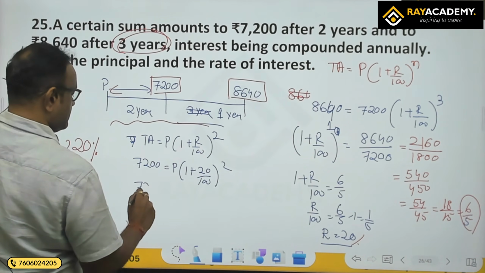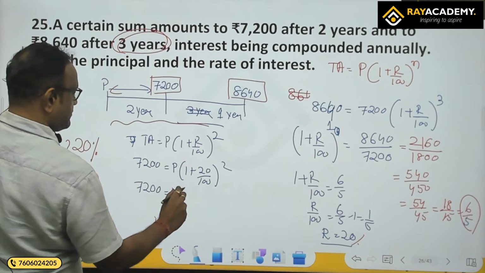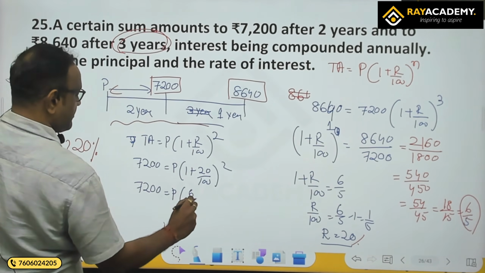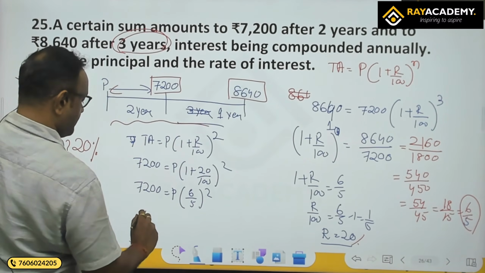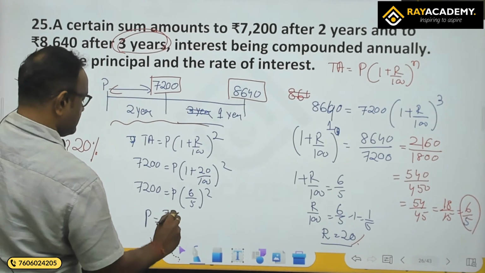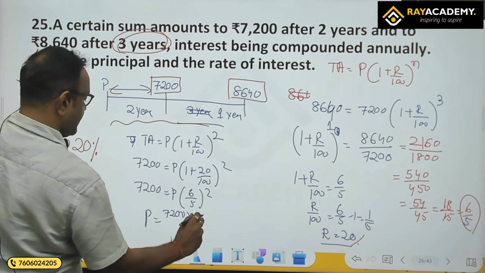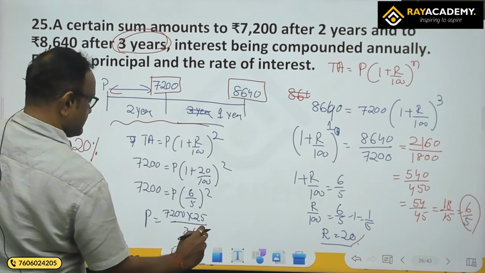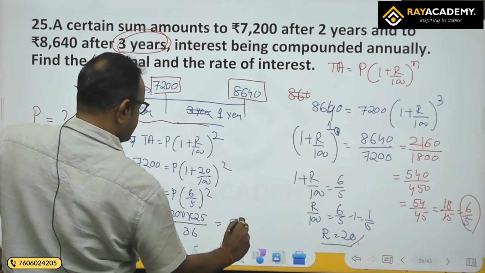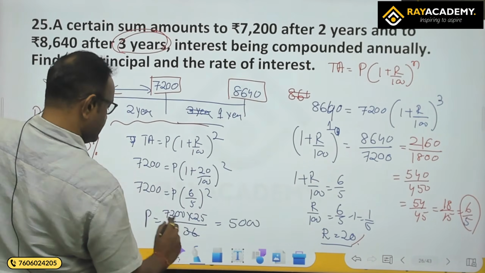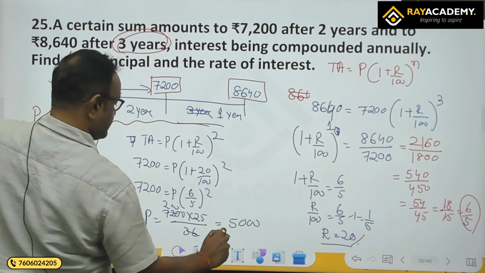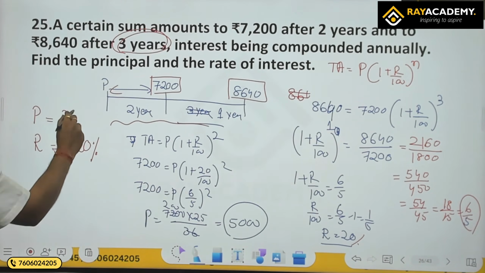So 7200 equals P into 1 plus 1 by 5, 6 by 5 squared. So principal is 7200 into 25 by 36. So you are getting the answer, 5000. So the principal amount is 5000.